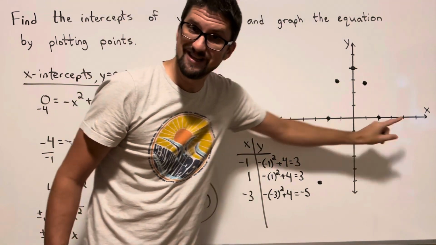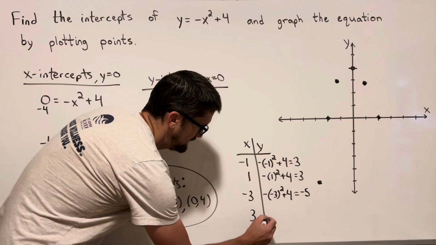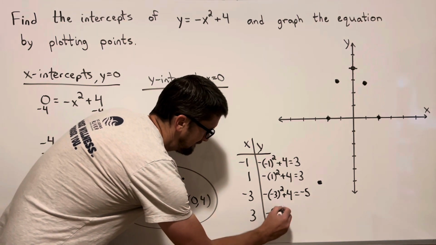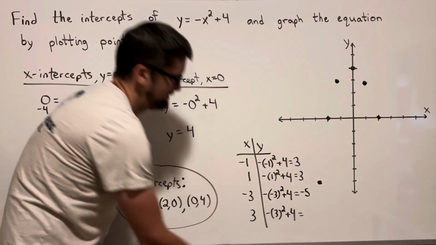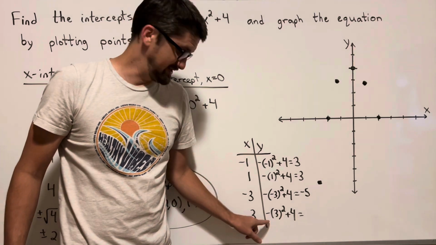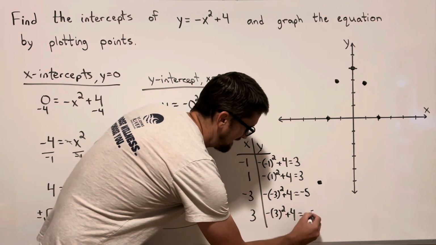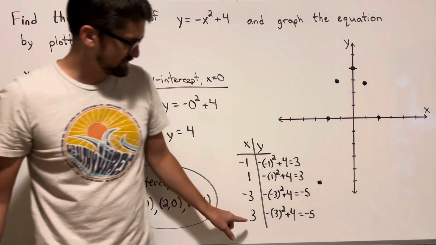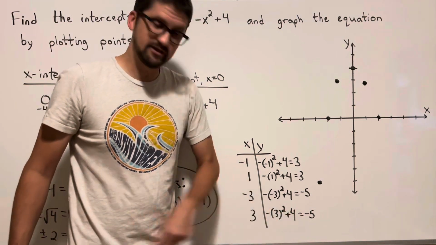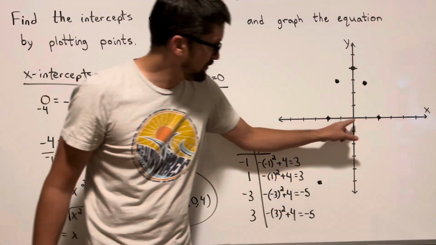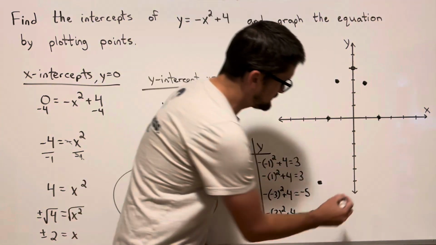Let's use 3 for x. Three squared is 9, but this is negative, so it's -9 plus 4, which is going to give you -5. So the graph is crossing at the point 3, -5. So go over 3 on the x and then down 5 units.